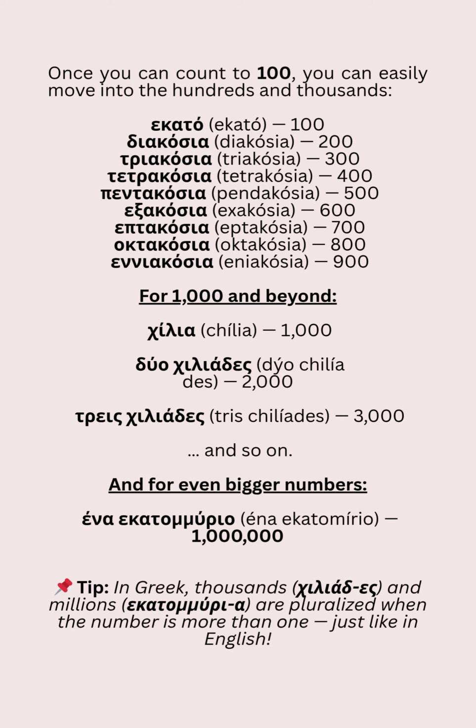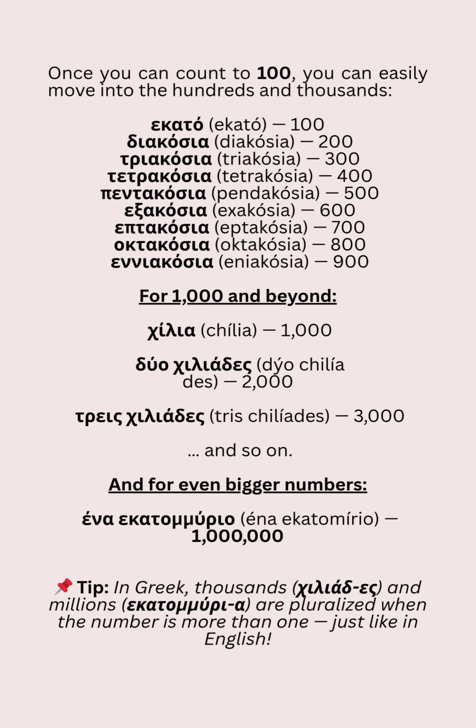So the general tip that I put at the end is that in Greek, thousands, χιλιάδες, and millions, εκατομμύρια, are pluralized when the number is more than one, just like in English. For example, we said that χίλια is 1,000, and 3,000 is χιλιάδες.